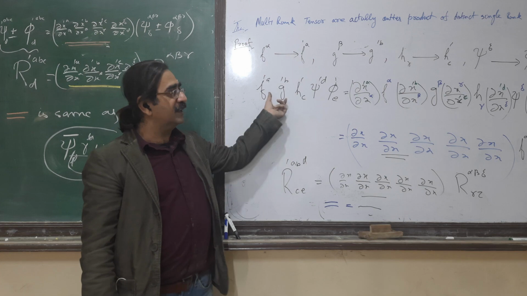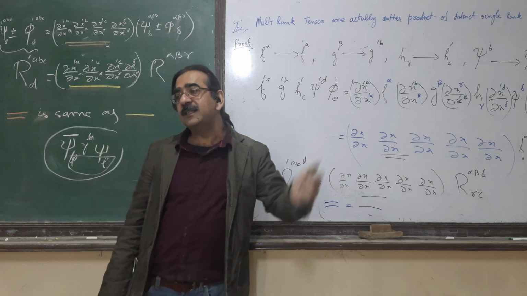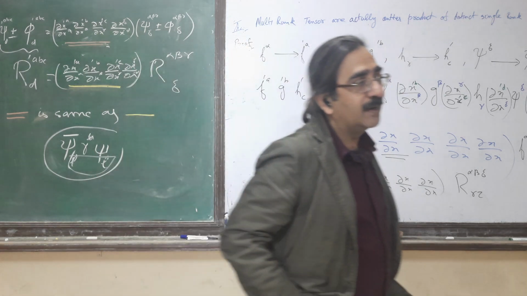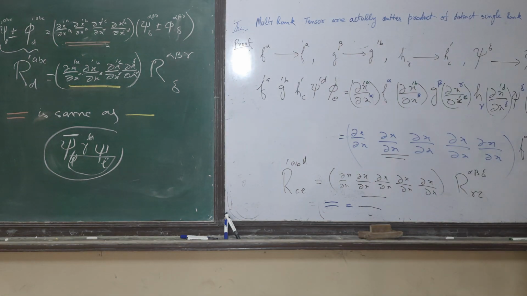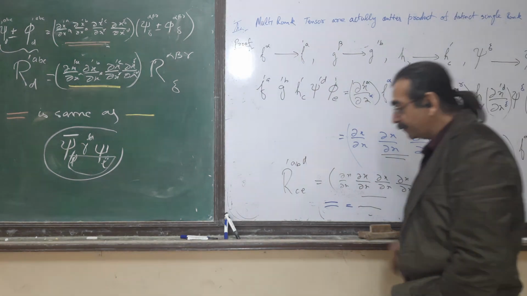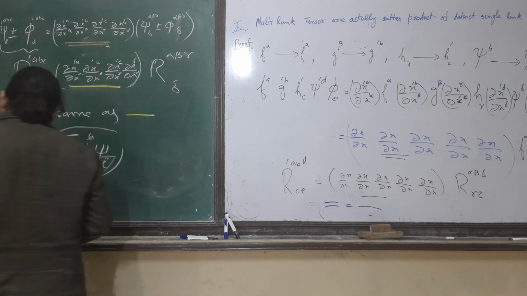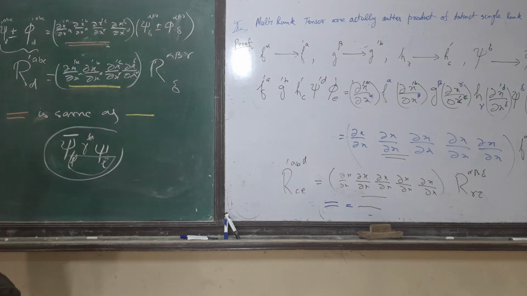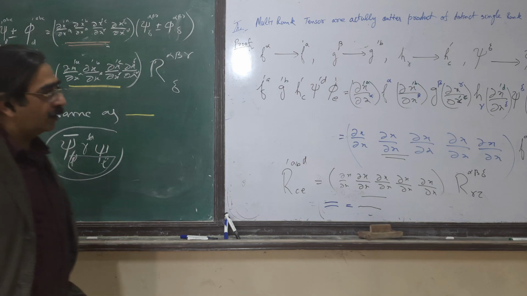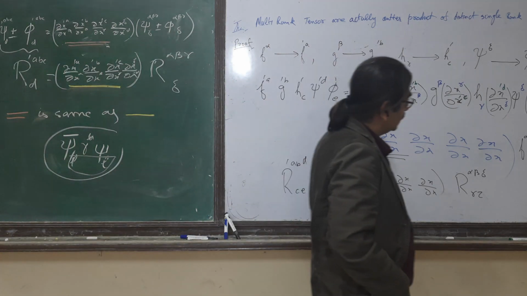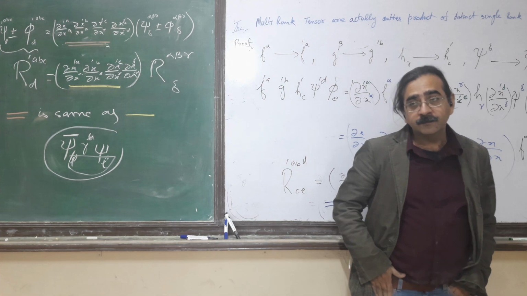This multi-line tensor is actually the outer product of different single line tensors. Got it? So this is the way to transform different single line tensors.